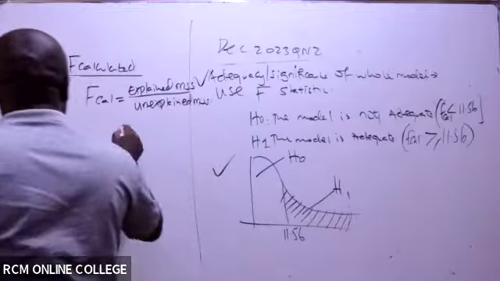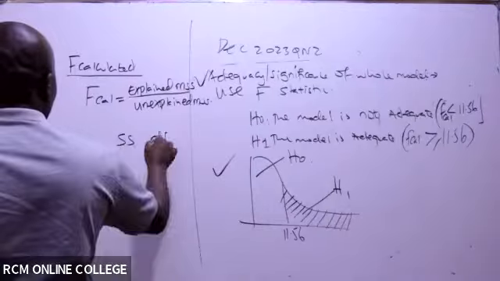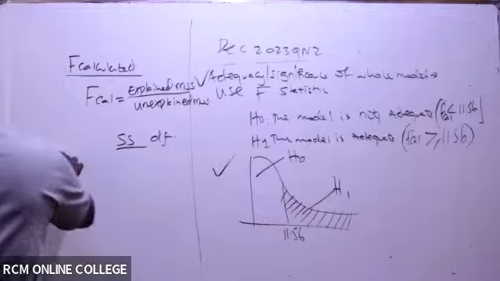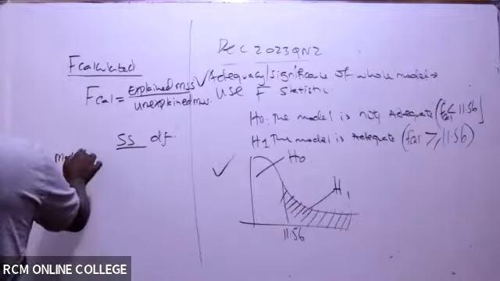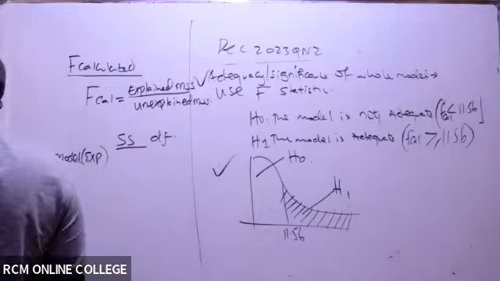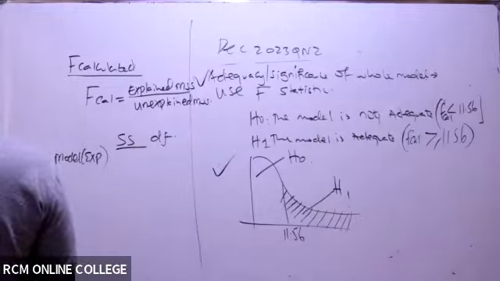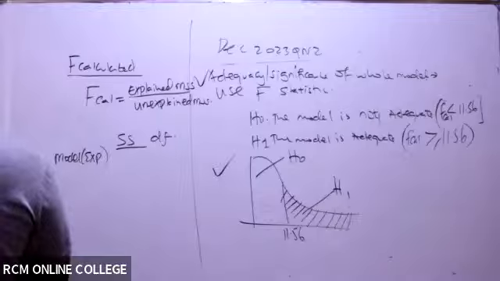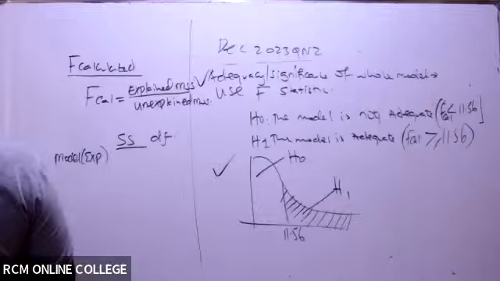So remember, you have your SS here, you have your degrees of freedom. So we have model. Remember, model is the explained. And then we have, in this case here, the next one. I just want to use the exact names they have used. I don't know where mine has gone to, but I will overcome.